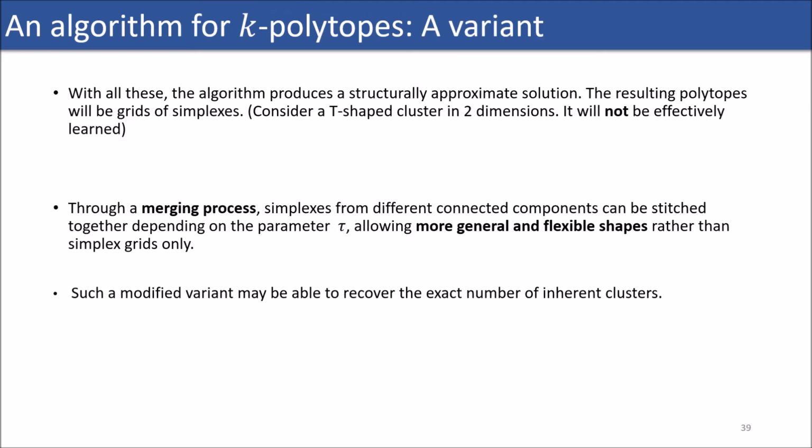Note that, even with all these, the algorithm produces a structurally approximate solution. The resulting polytopes will only be grids of simplexes. Through an additional merging process, simplexes from different connected components can be stitched together depending on the parameter tau, allowing more general and flexible shapes rather than simplex grids only.